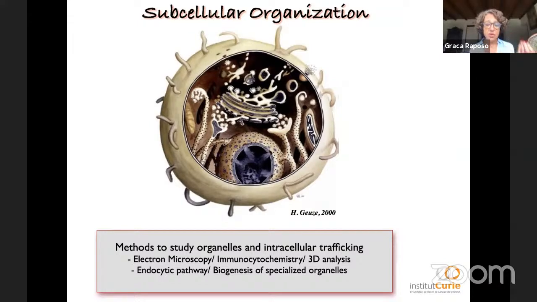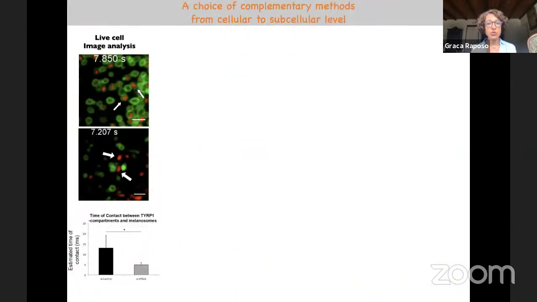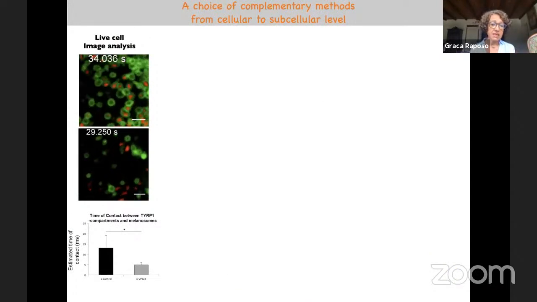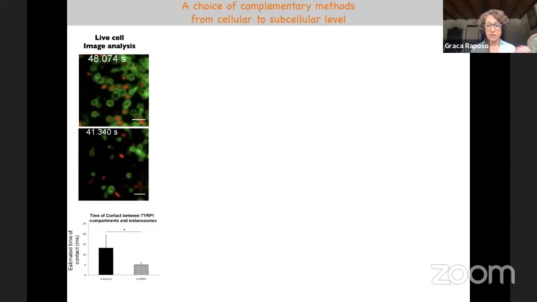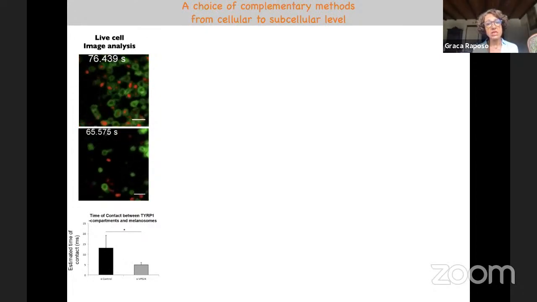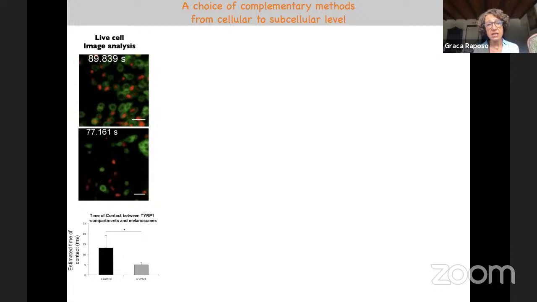I'm sure that you have already been convinced yesterday from other talks of the importance of optical microscopy. But one thing is clear: we now have great methods to do live cell analysis, even with different fluorescent probes, and even to do a lot of quantitative analysis and image analysis.